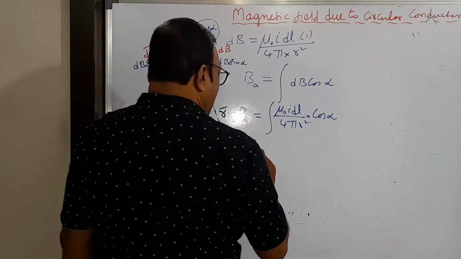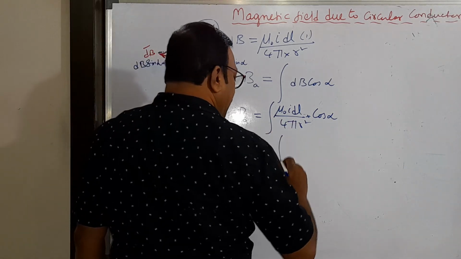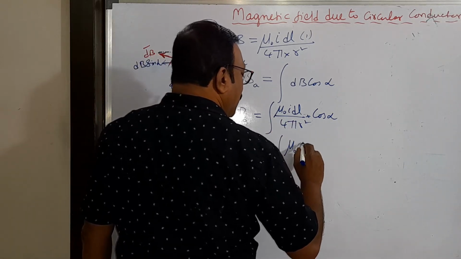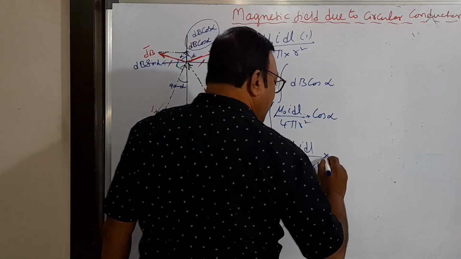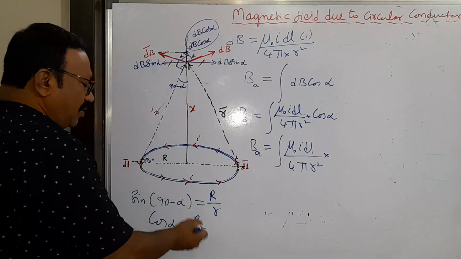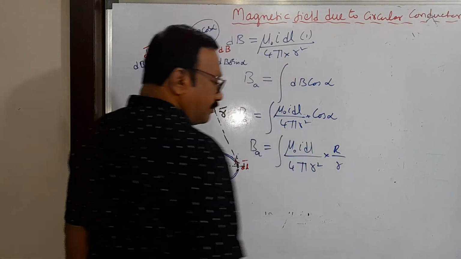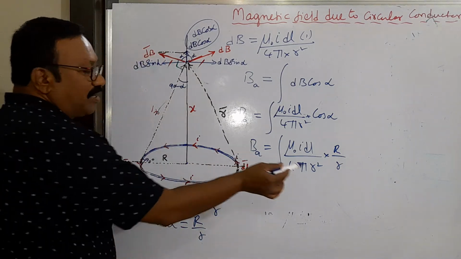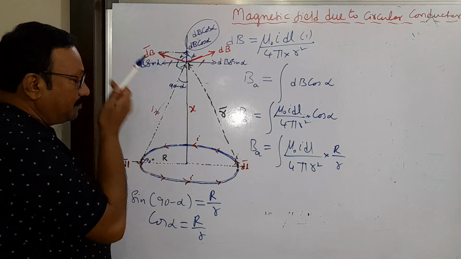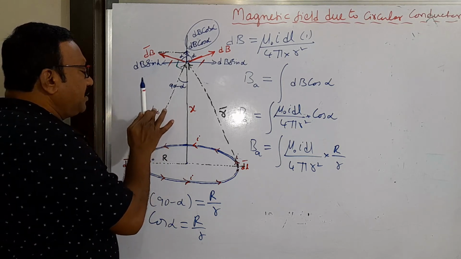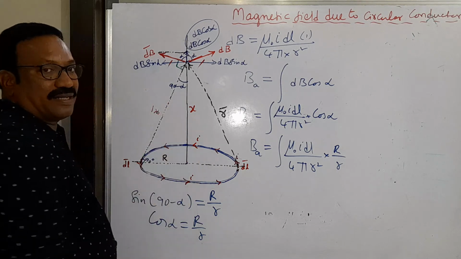So this B axial is given by the integral of mu naught I dl divided by 4 pi r square. What is the cos alpha value now? Capital R by small r. What is small r square now? From this right angle triangle, if you apply Pythagoras theorem, small r square is equal to capital R square plus x square.